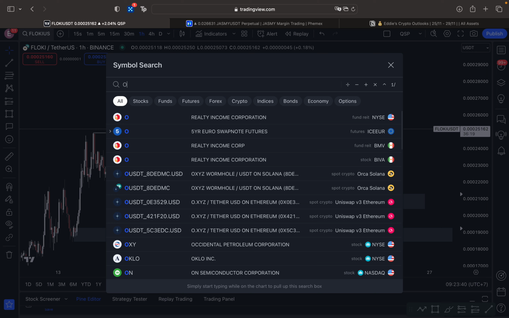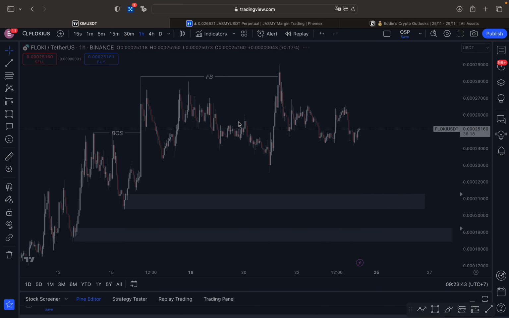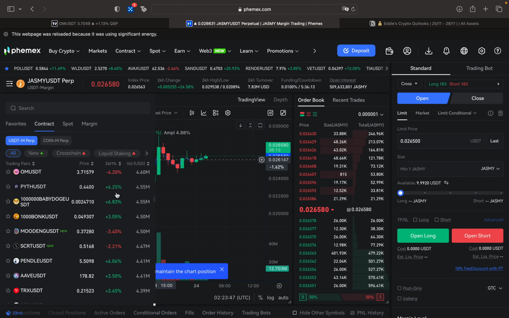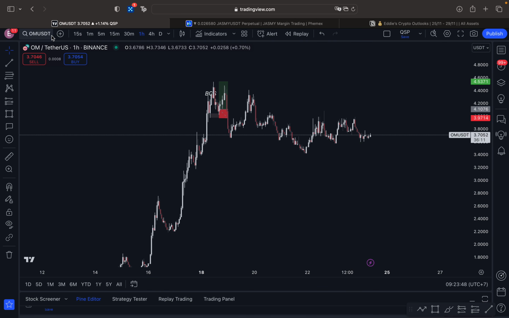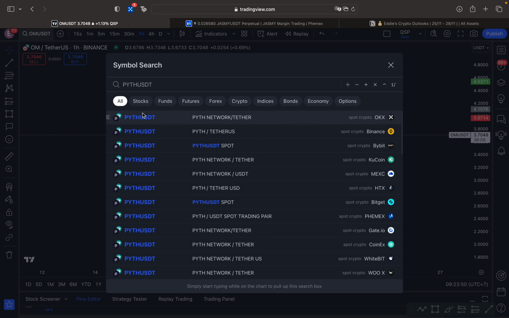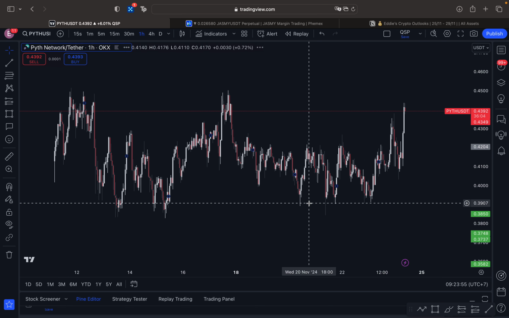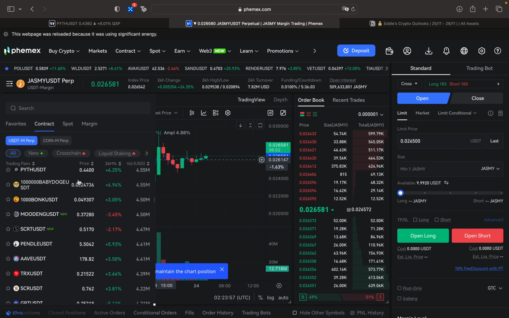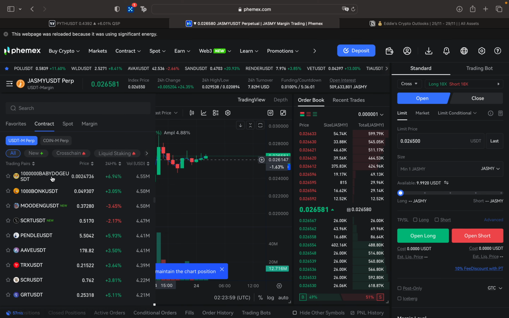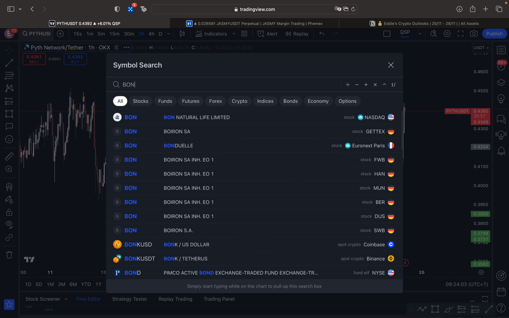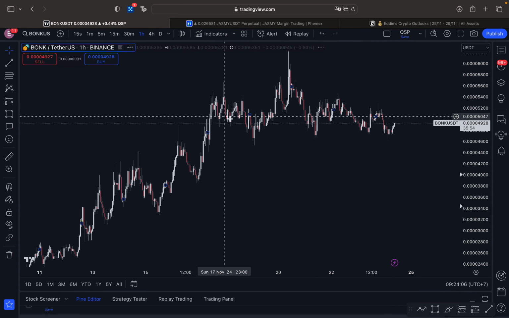OM. Nothing here. Pyth. Nothing here as well. That's in a range consolidation. Baby Dirt. I'm not trading that. Bonk. Actually, I'll have a look at Baby Doge.